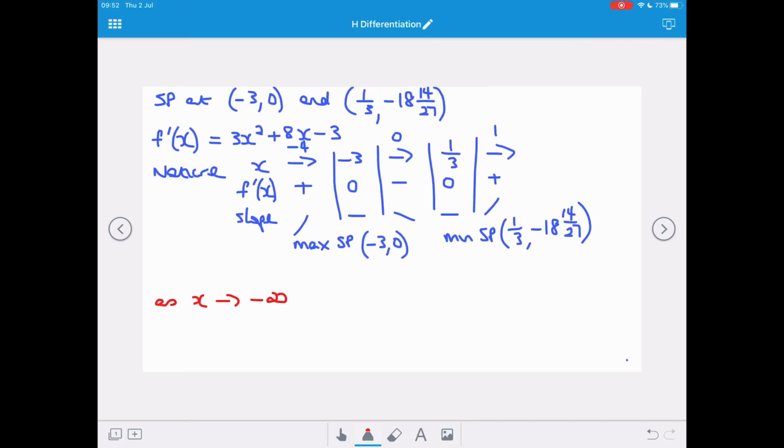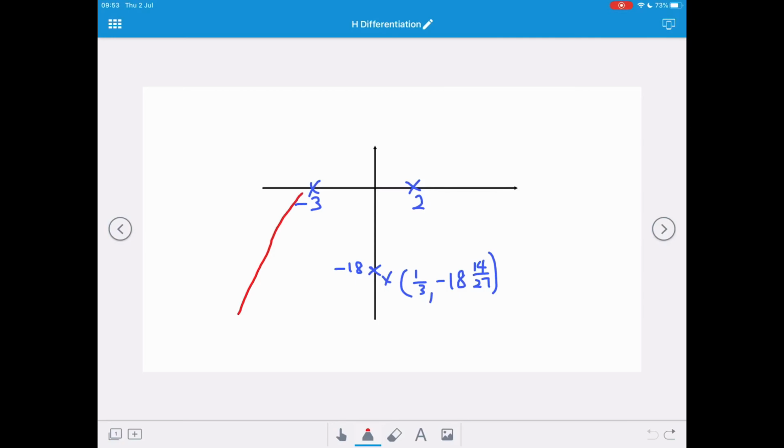So as x tends to negative infinity, f of x is going to also tend to negative infinity because of that x cubed component. And as x tends to positive infinity, our function of x is also going to tend to positive infinity.